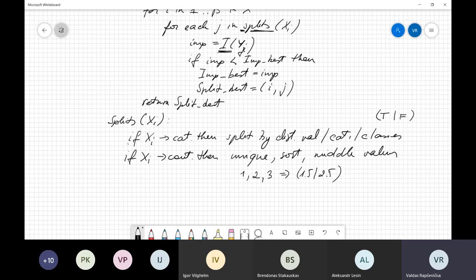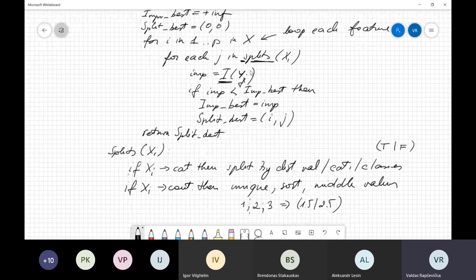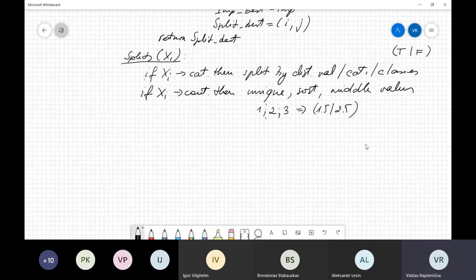So for continuous, we just split in between the distinct values. This is one of the possibilities how we can split. Okay, so this is how we basically split. For each feature, we go and check if it's categorical or continuous, and we split depending on this algorithm. All right, so okay. So now we need to calculate the impurity.